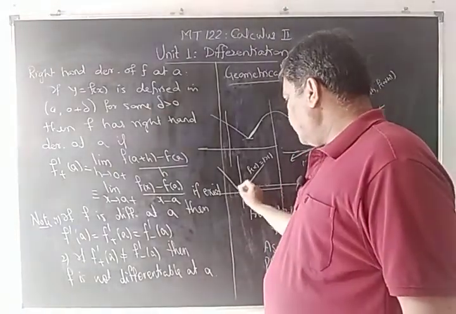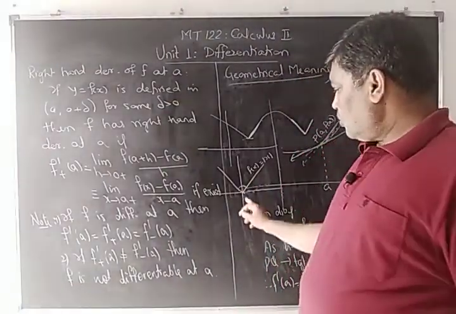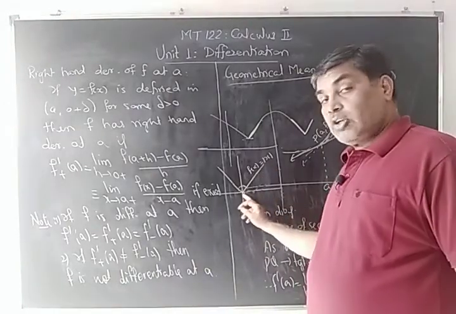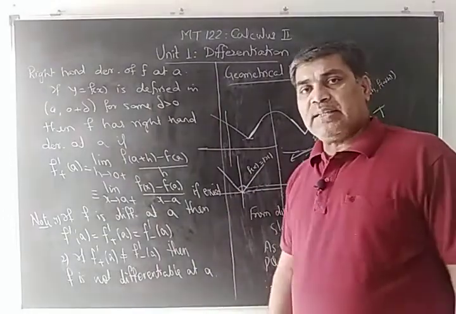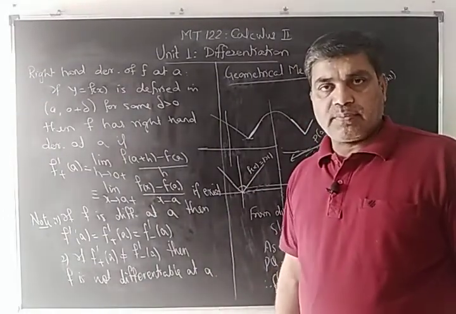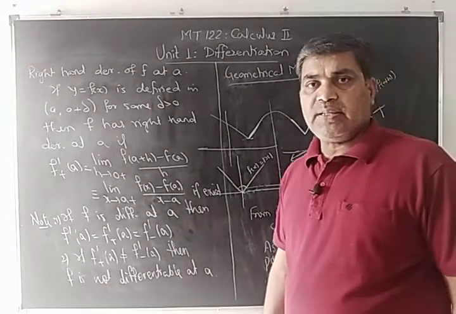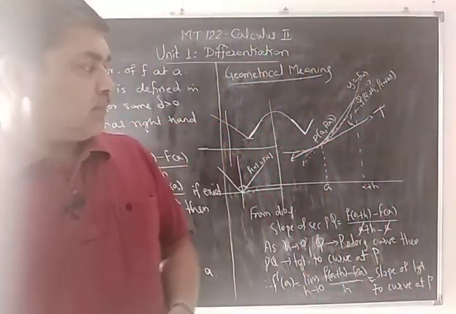There is an angle formed here. So f of x equal to mod x must not be differentiable at 0. Its left hand derivative and right hand derivative must be different. Is it clear?